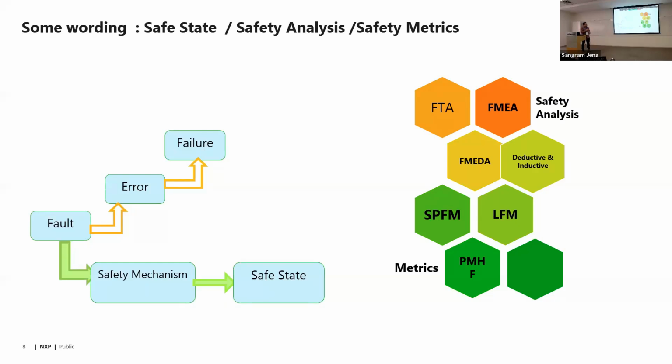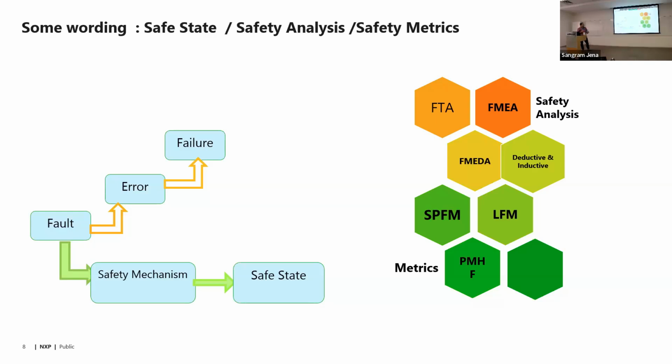The single point fault metric and latent fault metric, both of them are calculated as part of FMEDA. The probabilistic metric for hardware failure, PMHF, is calculated for every hardware element, based on the historical failure rates seen for different elements, and that can be calculated from the FTA as well. So that's a brief introduction to all those terminologies.